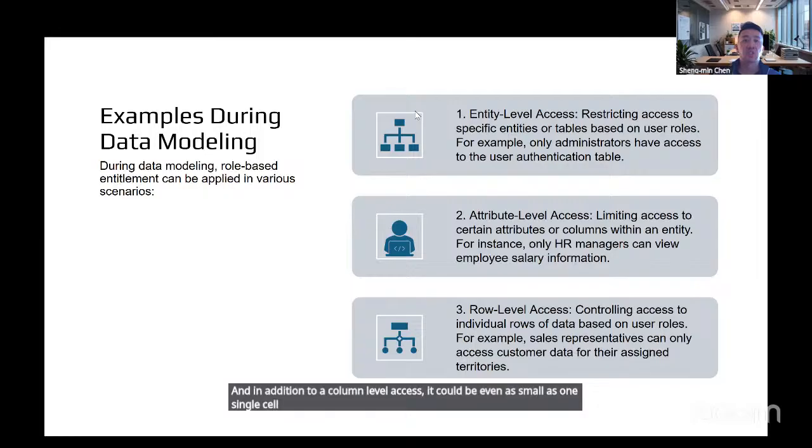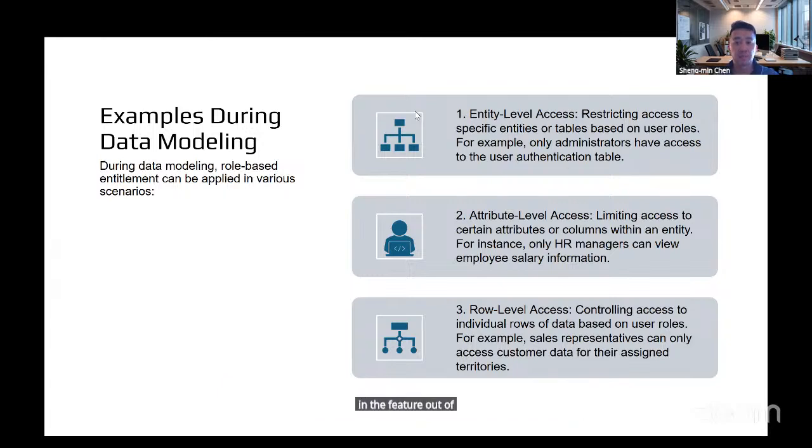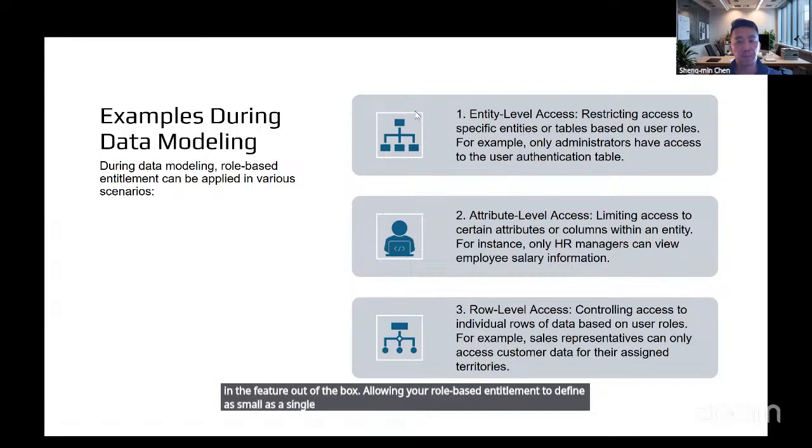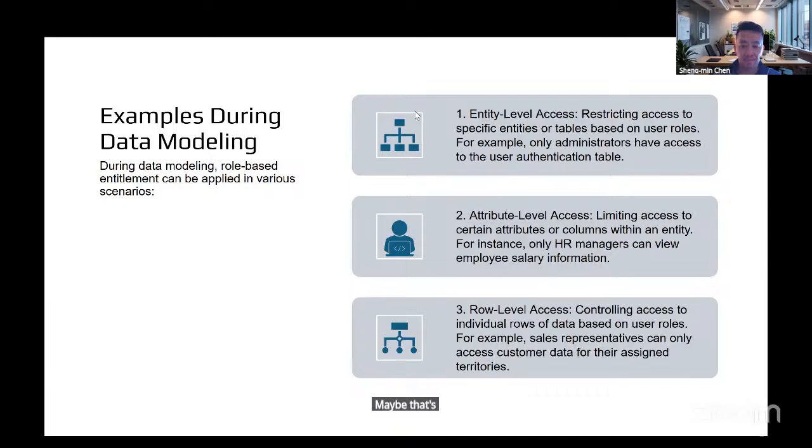Just so you know, relational databases normally come with the feature out of the box, allowing your entitlement to be defined as small as a single cell, right? But maybe that's way too far out there to limit to a single cell, too granular.